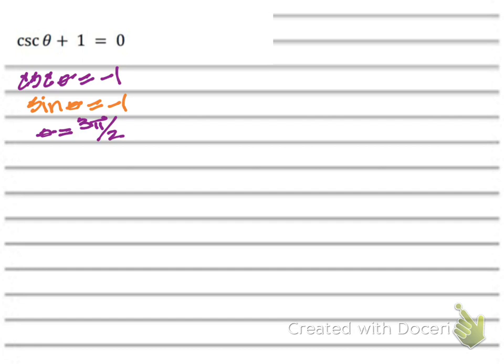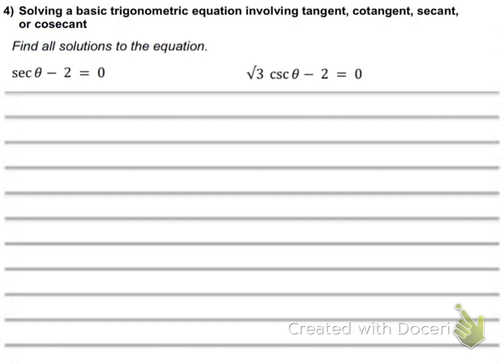And now we're going to do the same thing with more than sine and cosine, finding all solutions. So the only difference between this and what we just did is the 2k pi, or the k pi, depending. So we have secant theta minus 2, so we will add 2 to both sides.